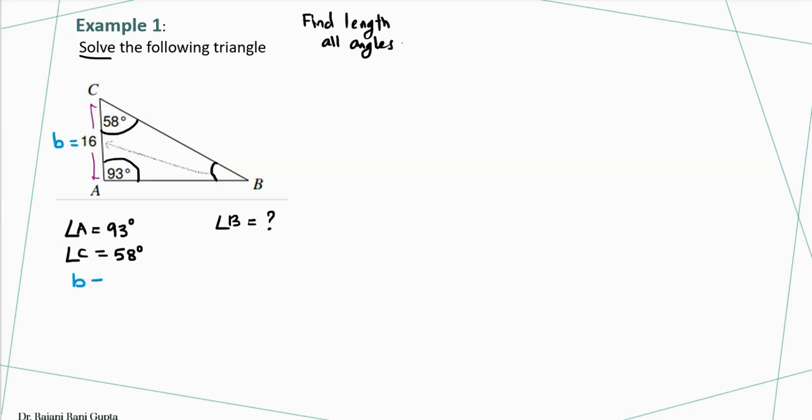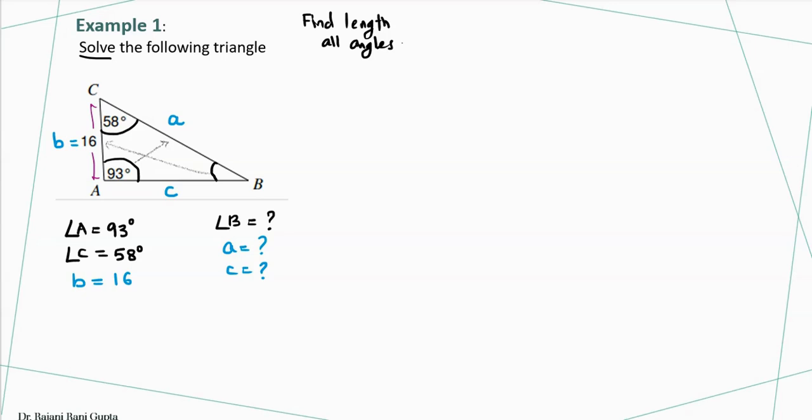So they gave you b as 16. What do you have to find? You don't have the length BC, you don't have the length AB. So let's denote them by small a and small c. So the length opposite to angle A, we denote by a, and this will be c. So a is not given and c is not given.